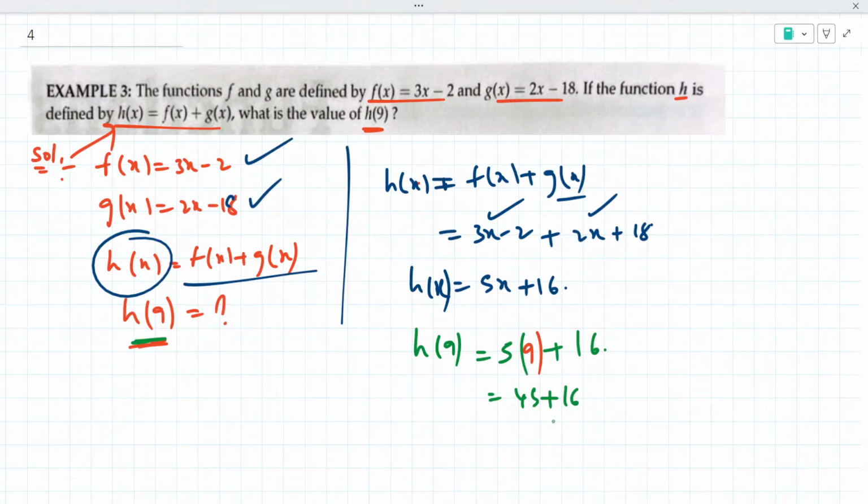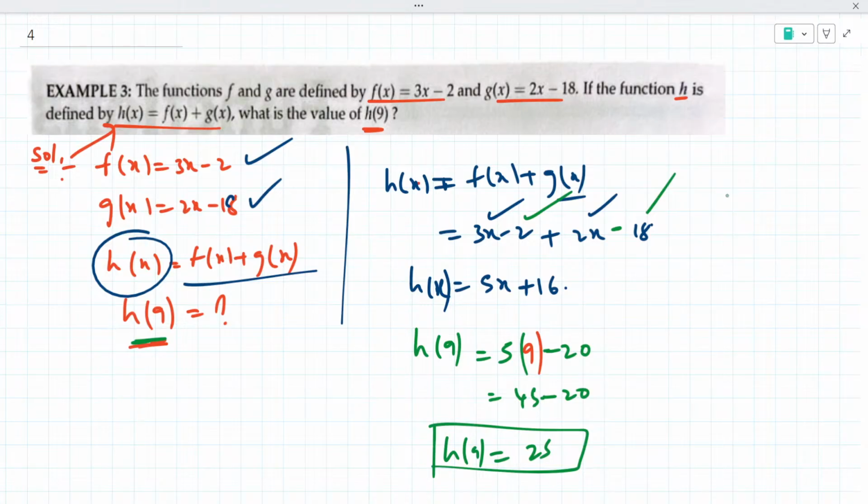Here it's not plus 18, this is minus 18. So minus 2 minus 18 is minus 20. So it's going to be 45 minus 20, which is 25. H of 9 equals 25. I'm going to the next question.